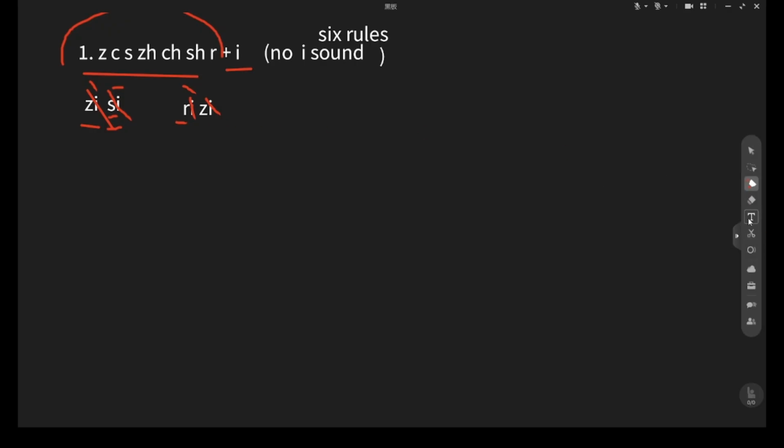Okay, one more example. How to read this? First check, is this consonant in this group? Yes, so no e sound. So c, then ch. I write this first to help you read this consonant.